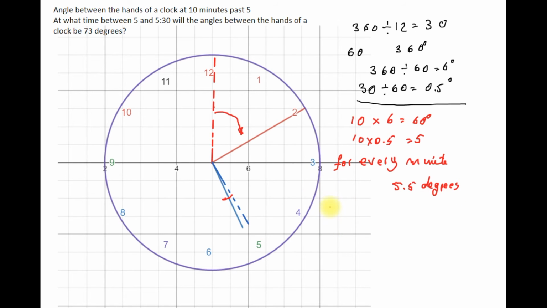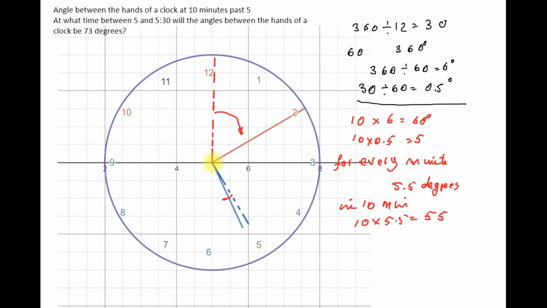So in 10 minutes, 10 times 5.5, the angle reduces by 55 degrees.